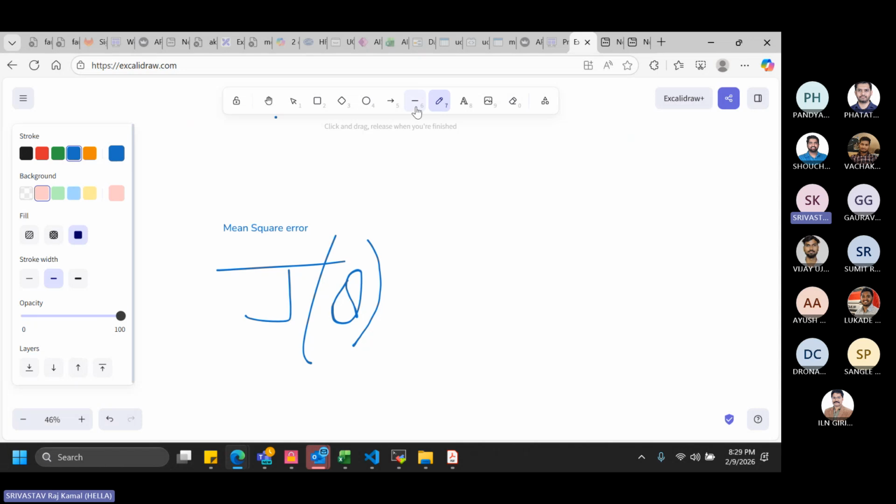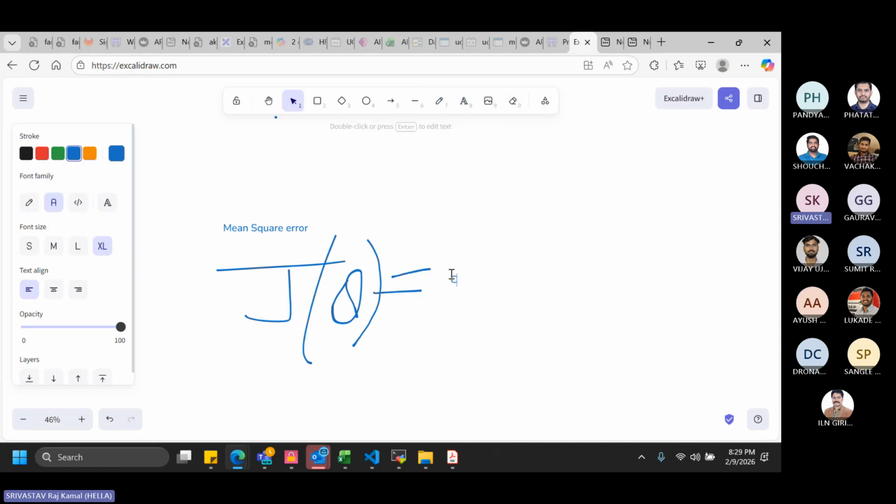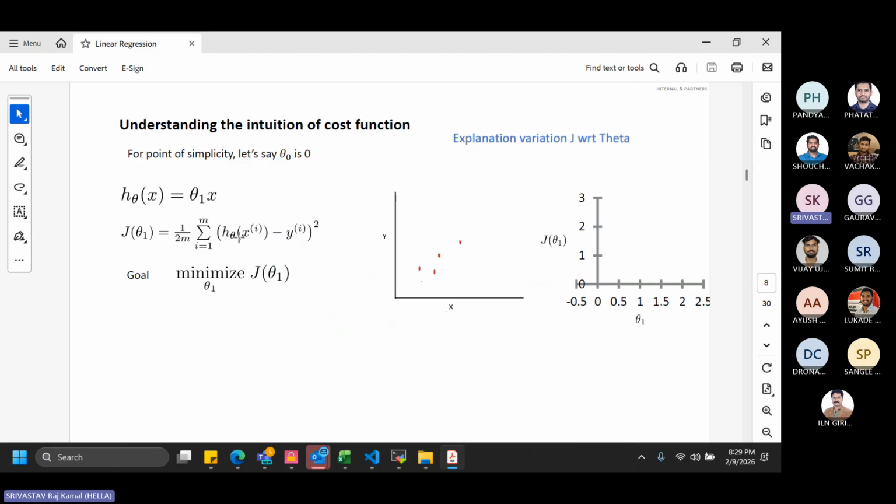And we call this term the cost function, right? Now this is the second term. This becomes the basis for the future. Each machine learning algorithm will have one cost function, and we're going to derive it every time. This is the cost function for linear regression.